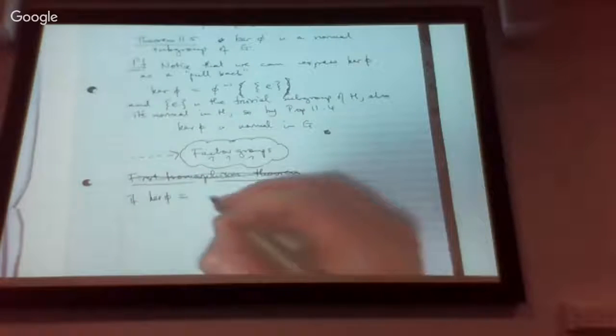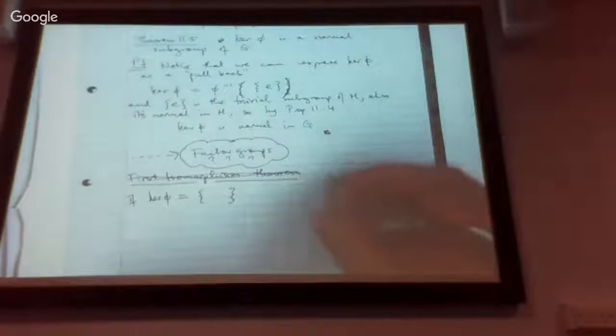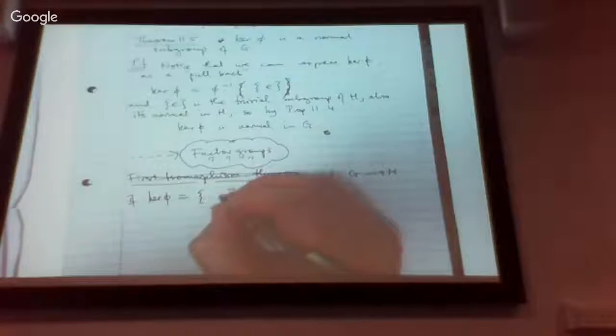We're not quite onto the first isomorphism theorem yet. What would be the smallest the kernel could be? It's a subset of G, remember? Phi is sending G to H. Well, we know a homomorphism has to send the identity element to the identity element.